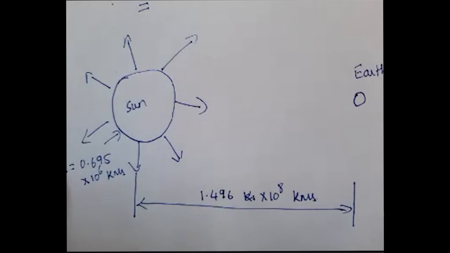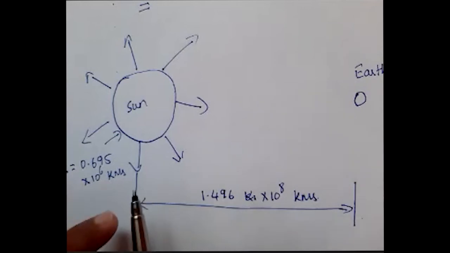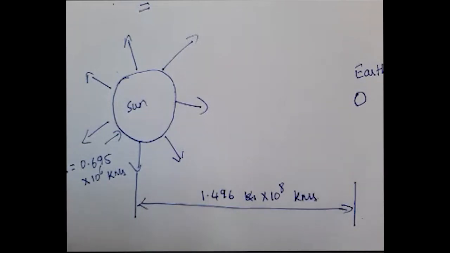The radiant heat flux coming out of the sun will always be inversely proportional to the square of the distance from the sun.